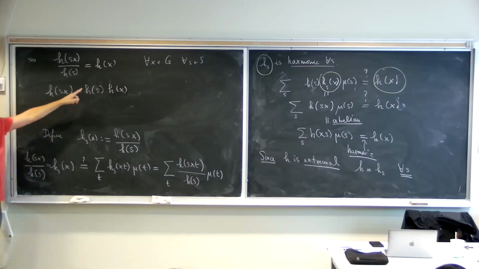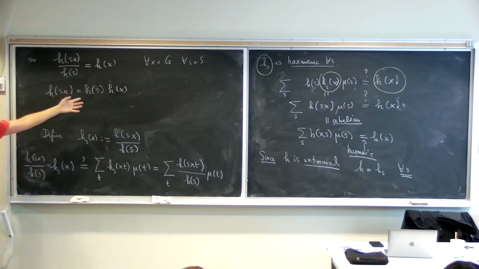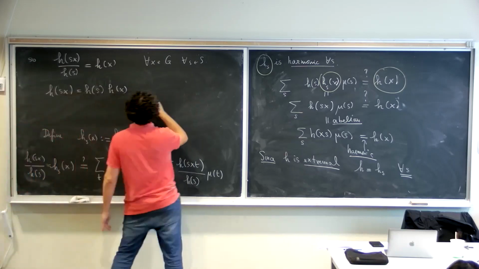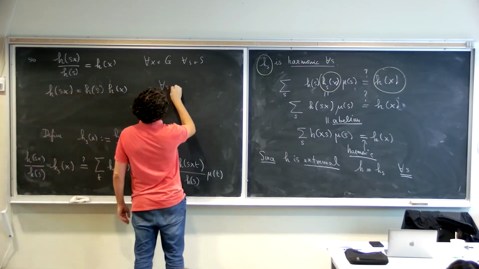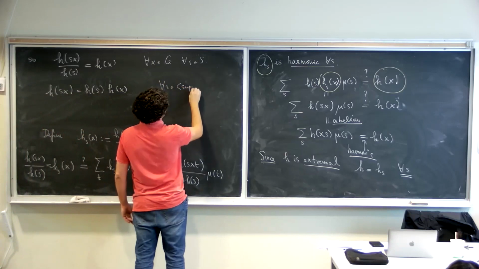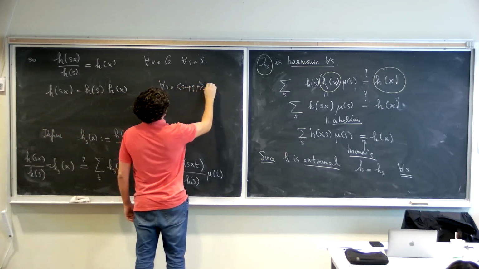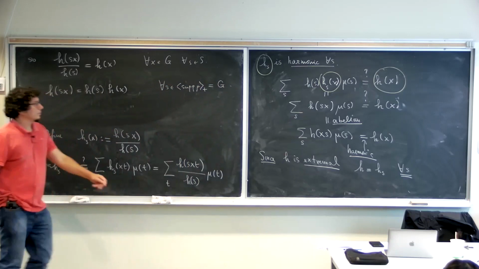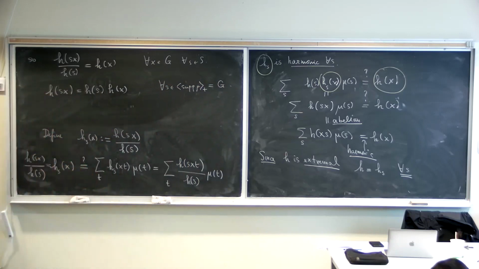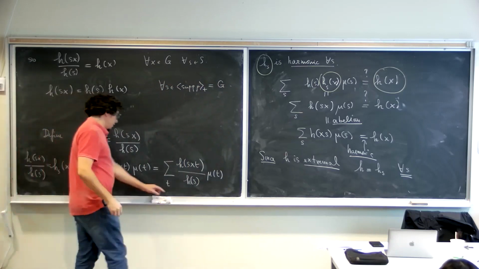And this is true for every S in the support, but we are assuming that the support generates the whole group, so for every S in the semigroup generated by the support of mu, which is the group. So H is a so-called character.